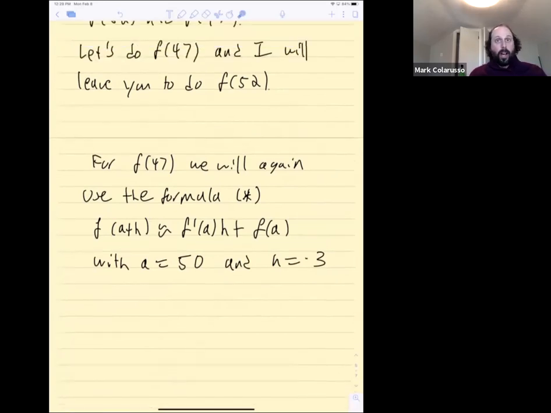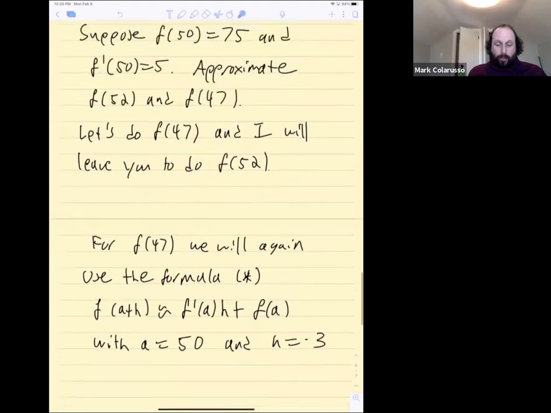We know the value of f at 50 and the value of the derivative at 50. That serves as the point where we ground the estimate, and then we just go 3 to the left instead of to the right. Like I said earlier, you can do that as long as you don't go too far away from the point you start at.